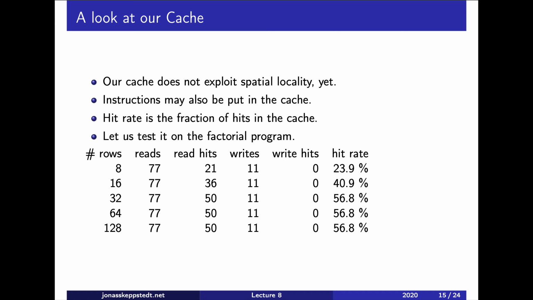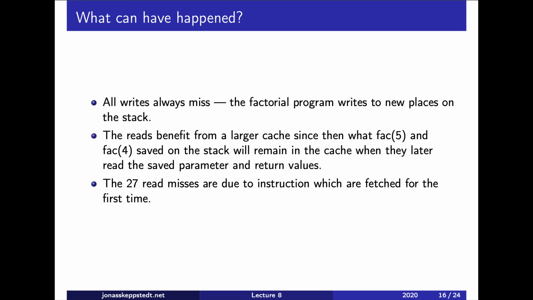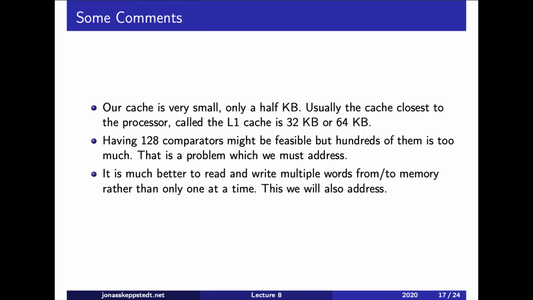The reason is that we save data when we make new function calls in new places in the stack, so we never reuse the data that we write. But some of the reads can enjoy read hits, but not all. And those which cannot are instruction fetches. Okay, so that's the explanation that I just gave.